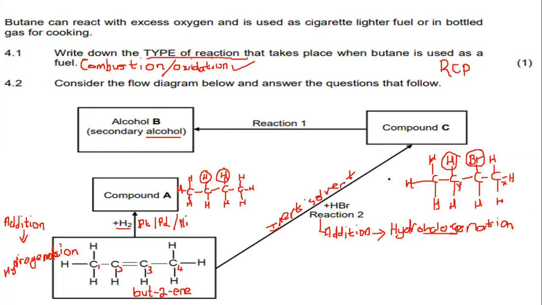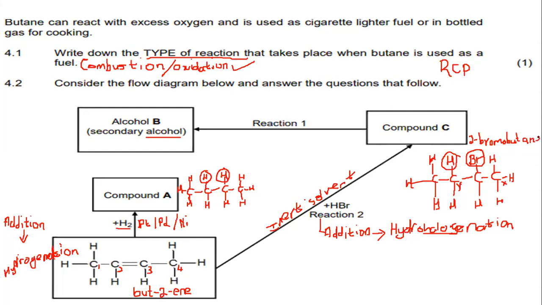Now, let us look at this molecule and see how this secondary haloalkane, which by the way we call 2-bromobutane, can react. And I'm not really teaching you nomenclature for now. I'm sure you already know how to work this out.